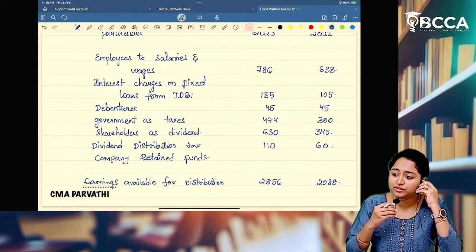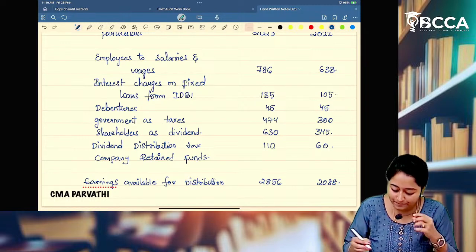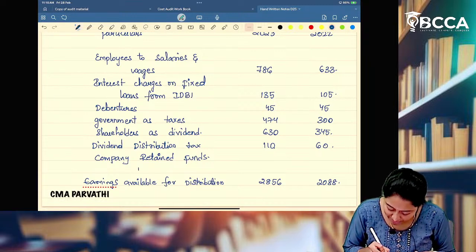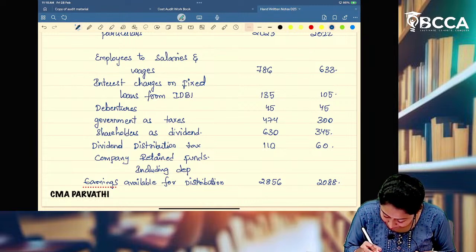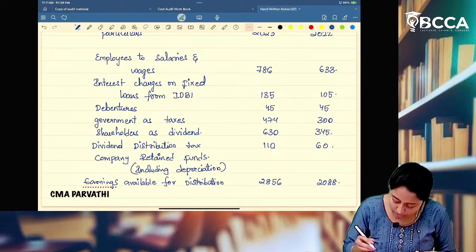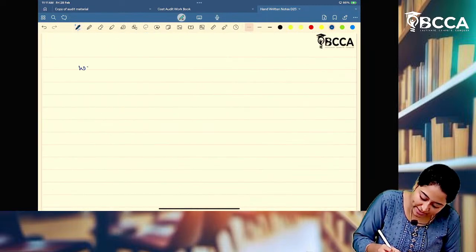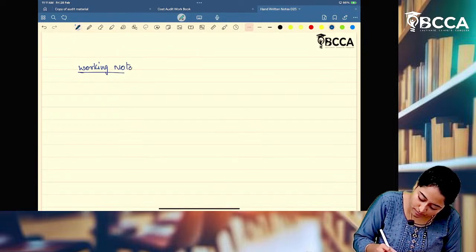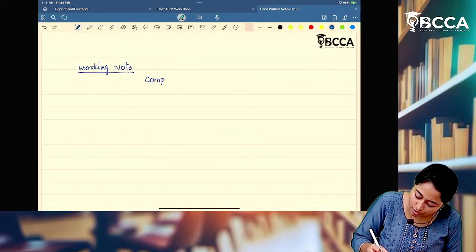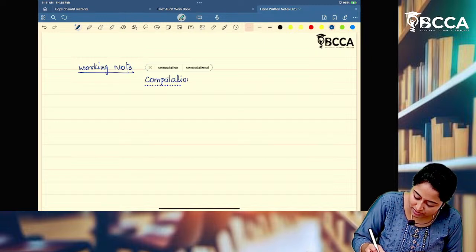Now, how will you do the working notes for company retained funds? Here, company retained funds, including depreciation, you have to write. So on the next page, you will write as working note: computation of retained funds.